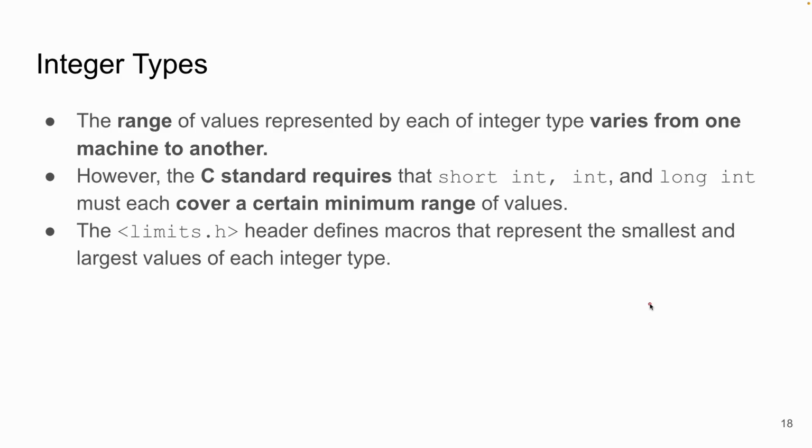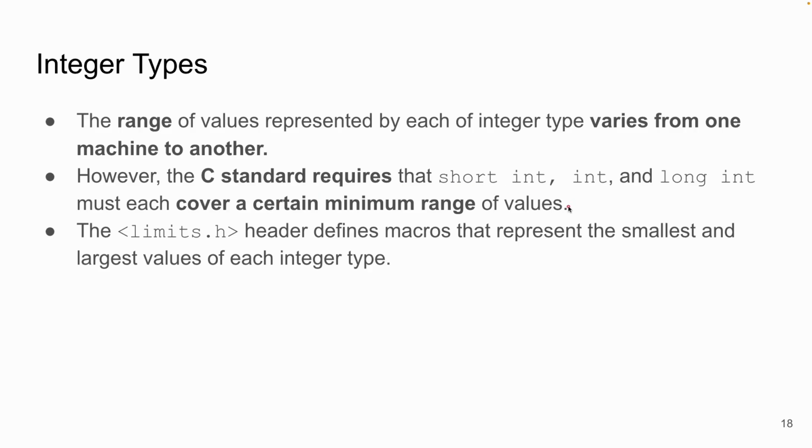However, there are some general rules. For example, the C standard requires that the short integer and the long integer must cover a certain minimum range of values. So it is hard to know the maximum range, but we can know the minimum range of different integer types.